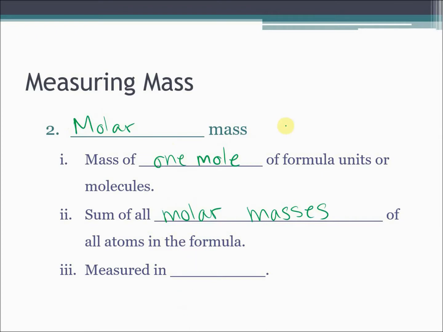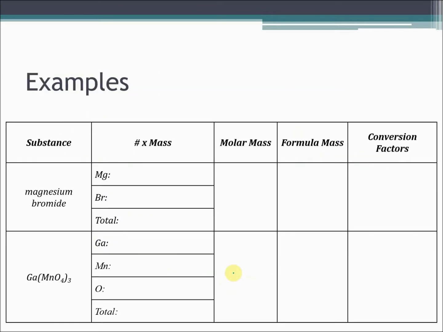So same thing as before, if you were doing this for water, you would add the molar mass of one hydrogen plus the molar mass of another hydrogen plus the molar mass of an oxygen. And you're actually going to end up with the same number, but just different units. Molar mass is measured in grams per mole. So let's see what this looks like.